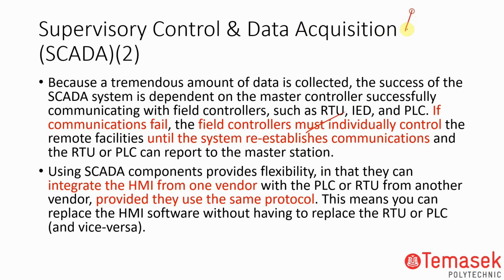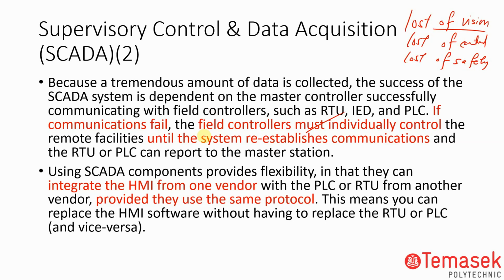So we'll talk about loss of vision, loss of control, and loss of safety. Loss of vision is if they are connected and you cannot see anything at your SCADA level.